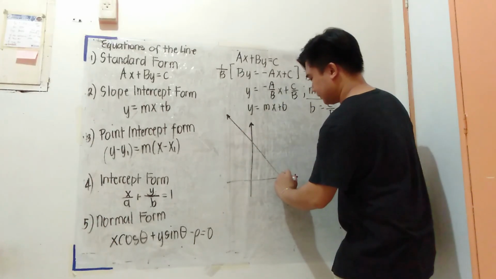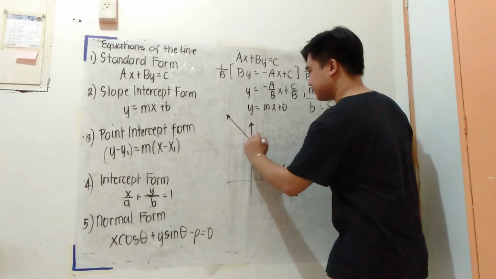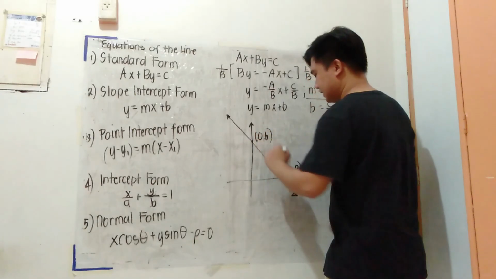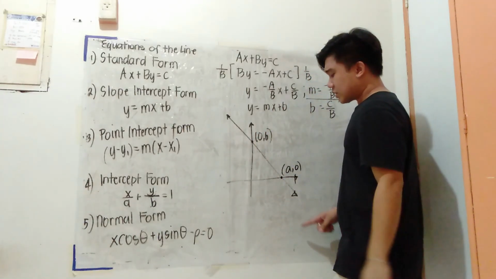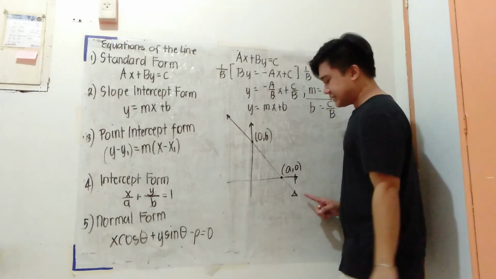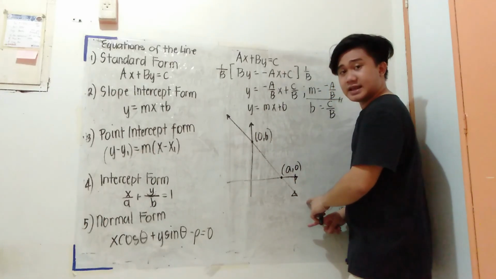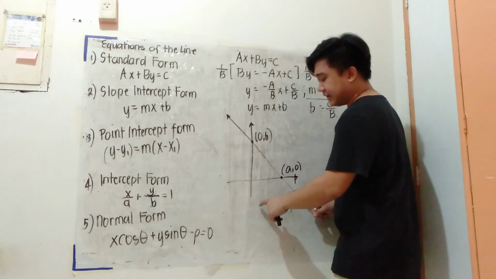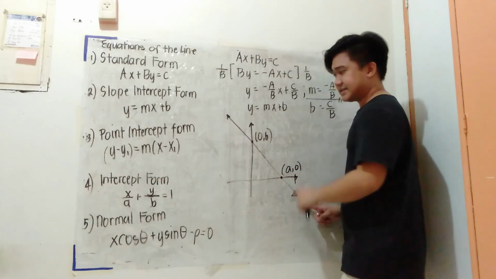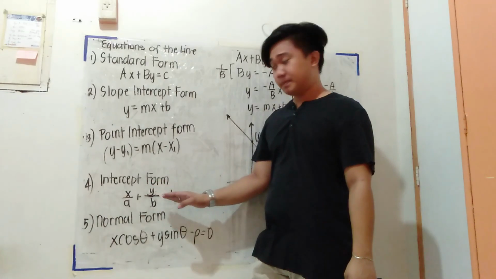Okay? Let's say this is point A,0, and this is point 0,B. So, yung A tsaka B, yun yung mga points kung saan nag-intercept yung ating coordinate axes dun sa ating line. So, doon nakatagpo ng ating linya yung ating y-axis at x-axis. Hence, the name intercept form.